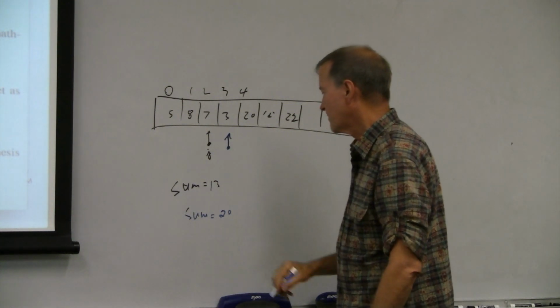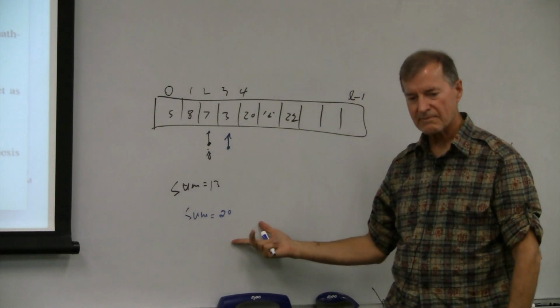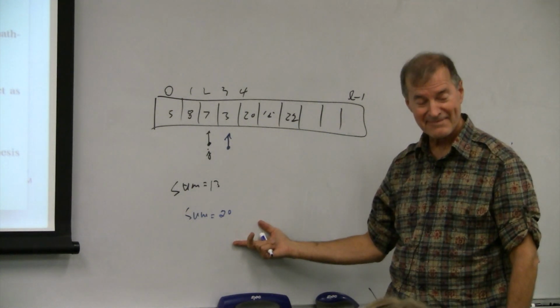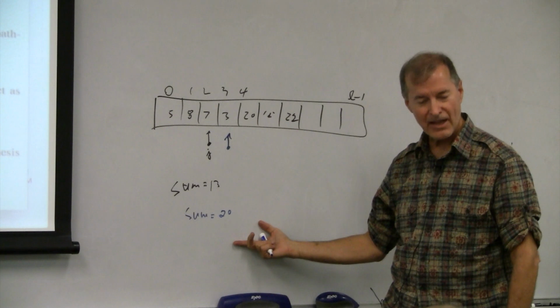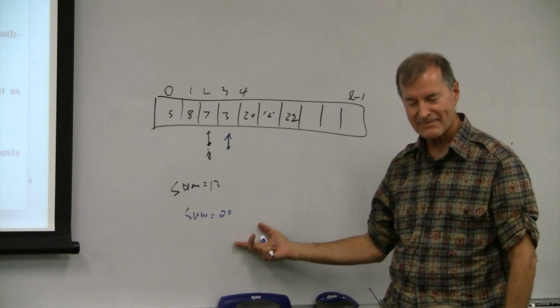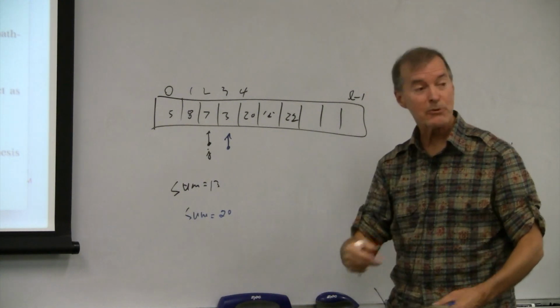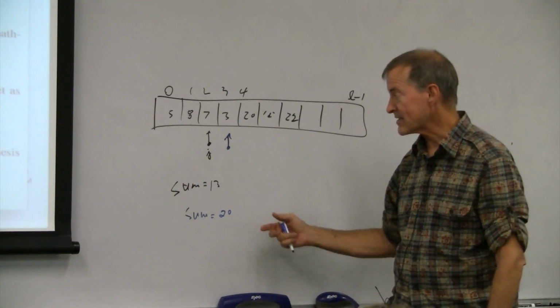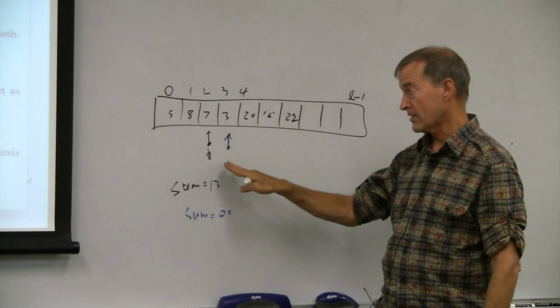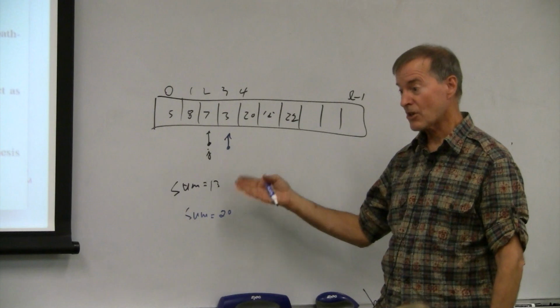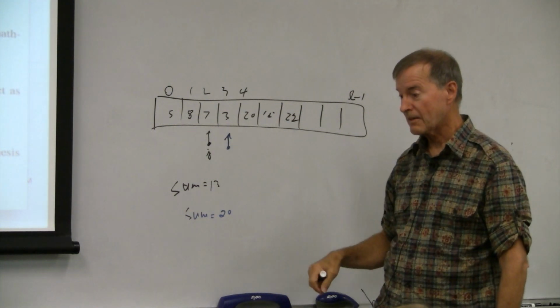20. So what's the invariant? What's the invariant? Sum is equal to what? What is sum equal to here? What is it in general? It's equal to the what?